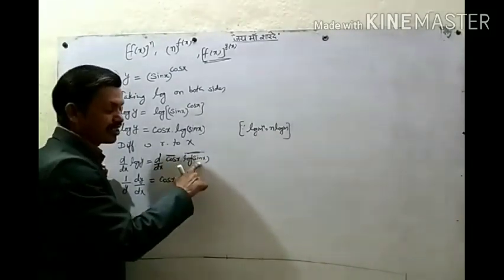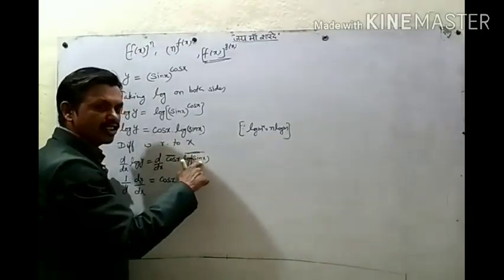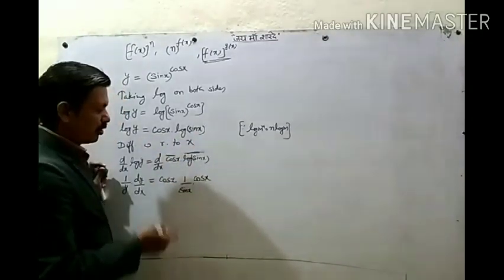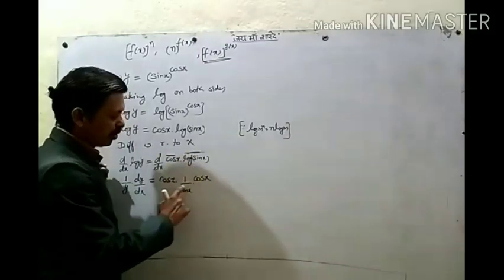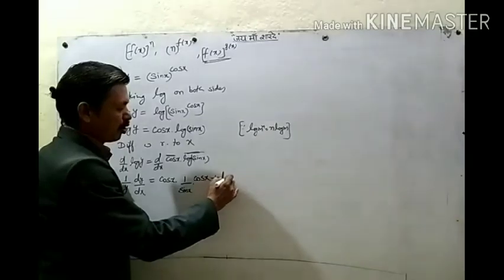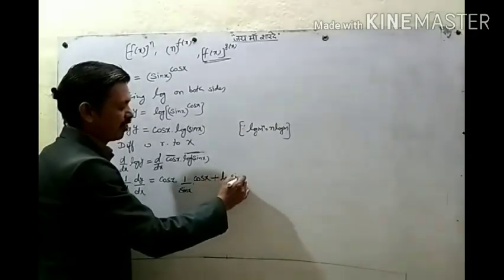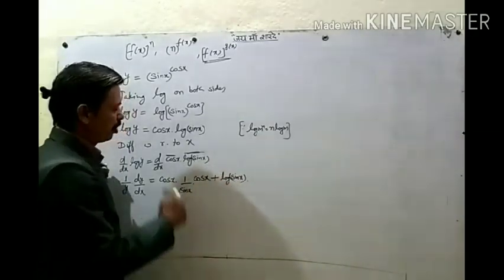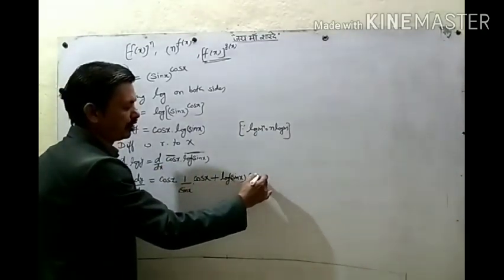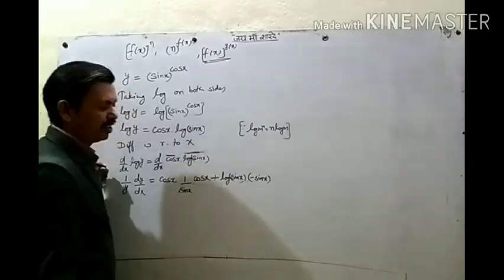But actually it is not x, so again we differentiate sin x, so its derivative is cos x. So derivative of log of sin x is 1 by sin x into cos x. Now plus log of sin x, second function as it is, into derivative of first function, derivative of cos x, which is minus sin x.